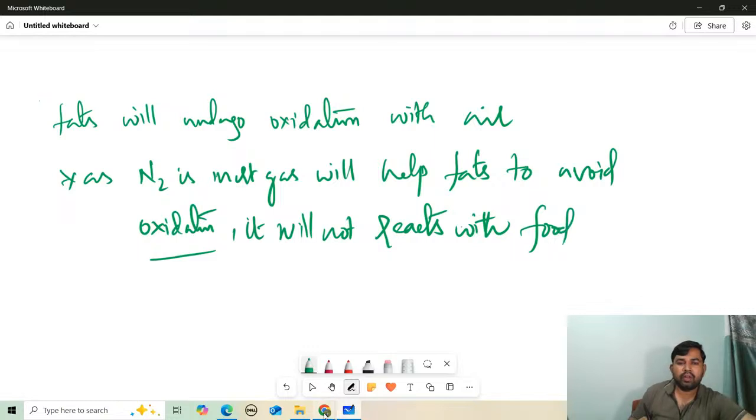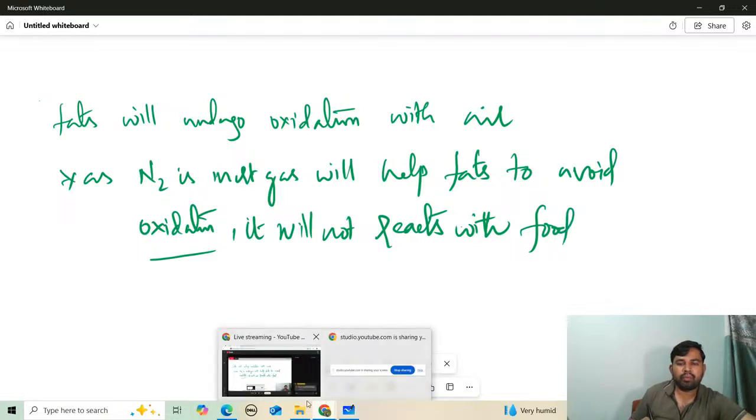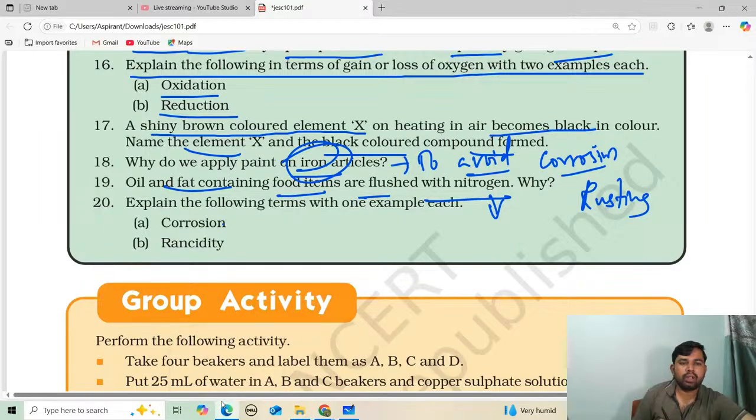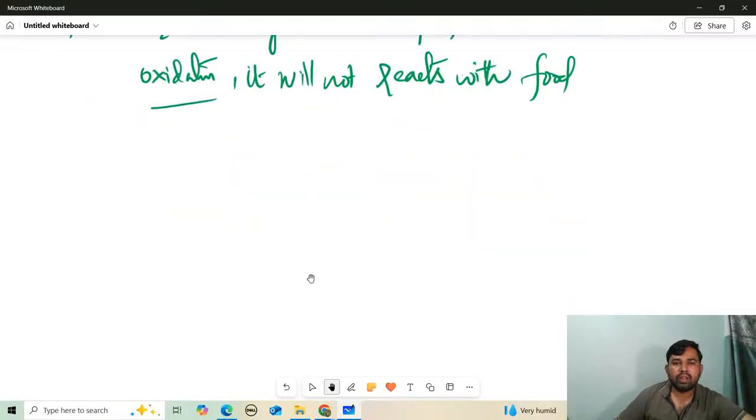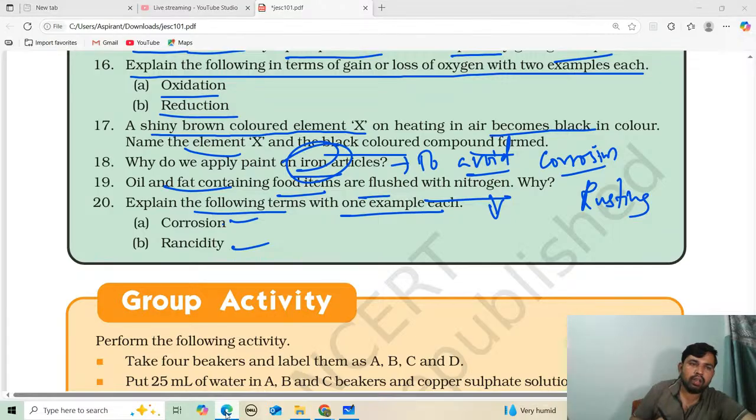Now see here. Last question, I think. Question 20: explain the following terms with an example of each. Corrosion and rancidity.